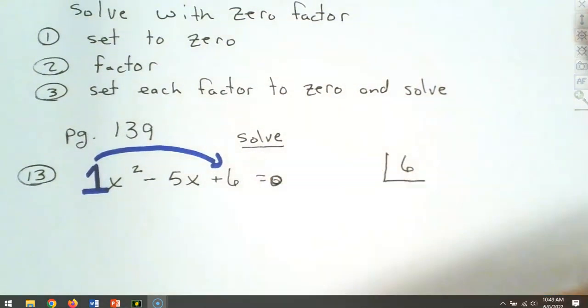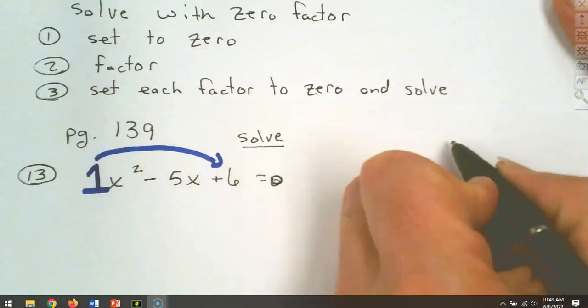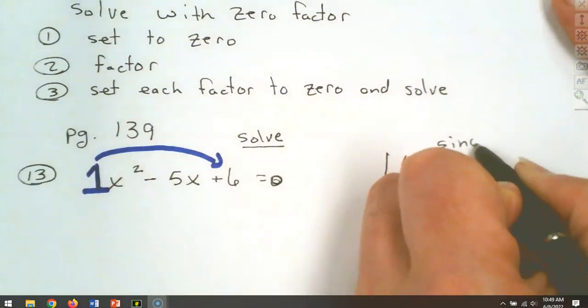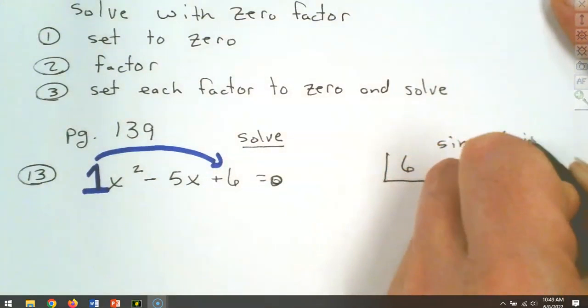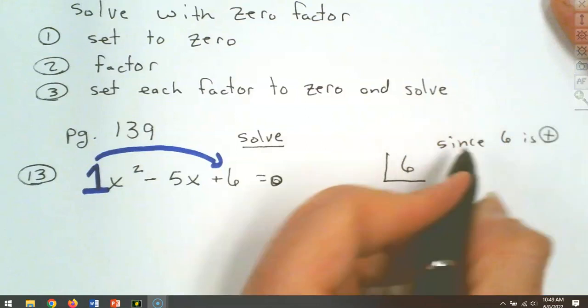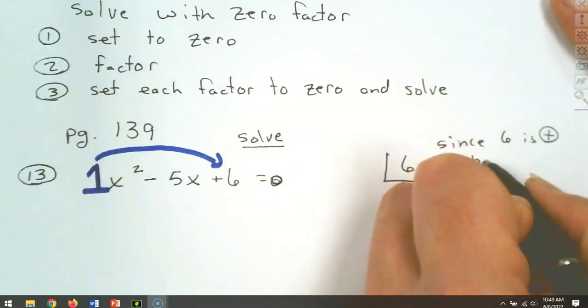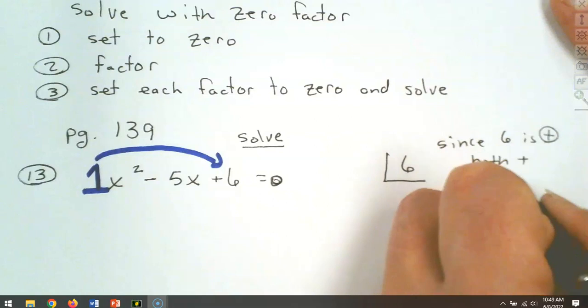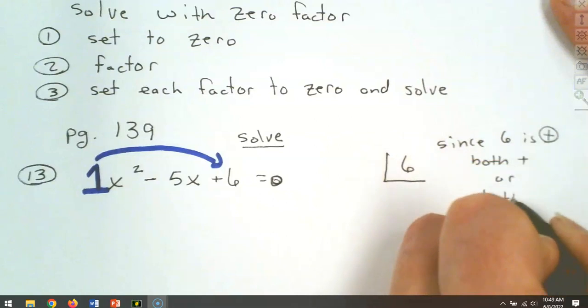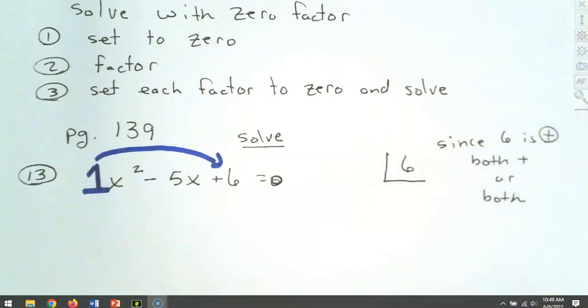Kind of remember this? Now, what do we know about the signs? 6 is positive, so since this is positive, they are either both positive or both numbers are negative. Well, what's the sign in the middle?